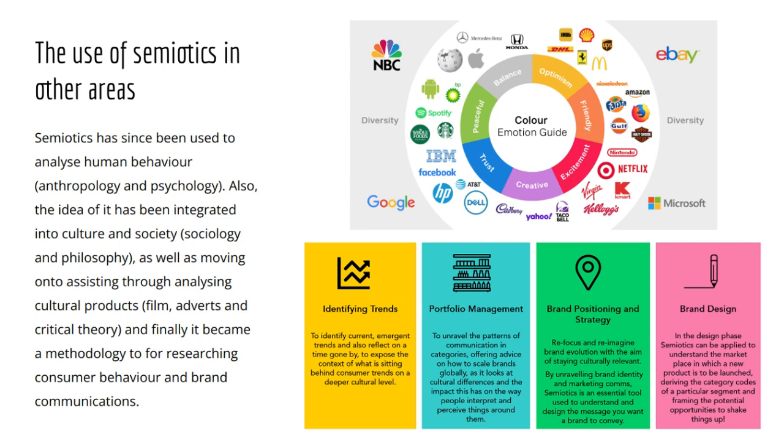And finally, we get methodology in researching consumer behavior and brand communications and marketing and promoting a brand and trying to sell that product to people. So we have the color emotional wheel, which is here, which I have the image up there actually.